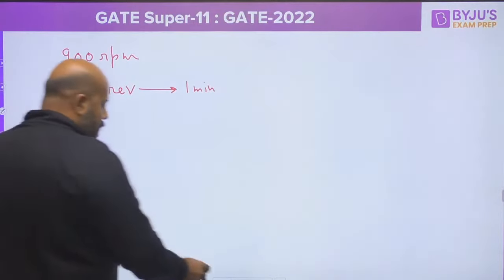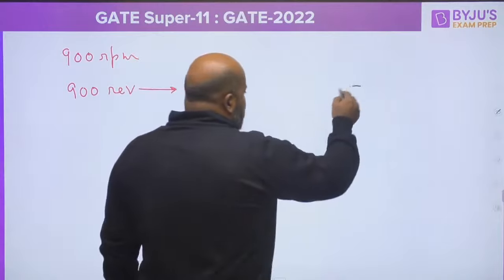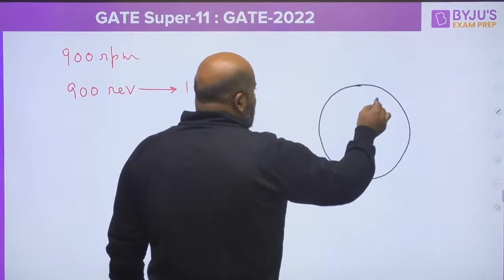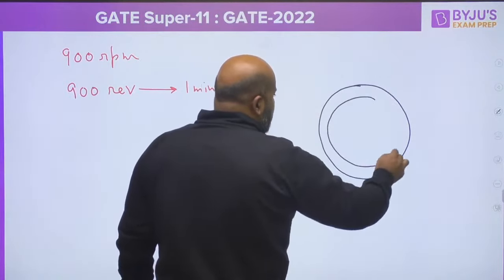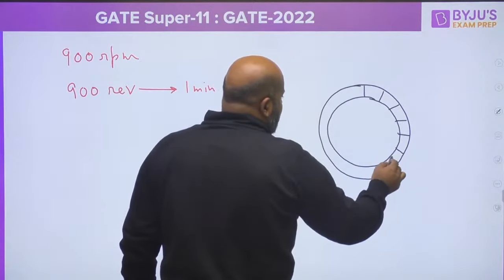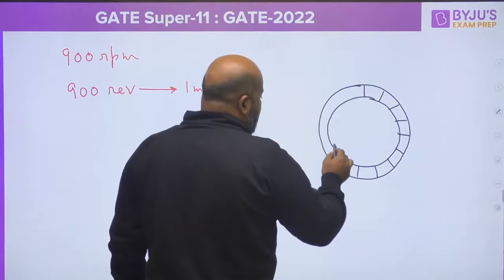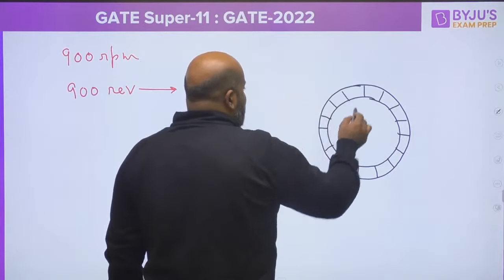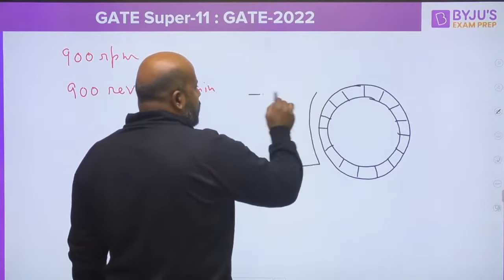Now let us understand what is happening. Suppose this is your rotor, and these are your commutator segments connected to the rotor where the armature windings are going to be connected. Yes or no? And suppose these are your poles.